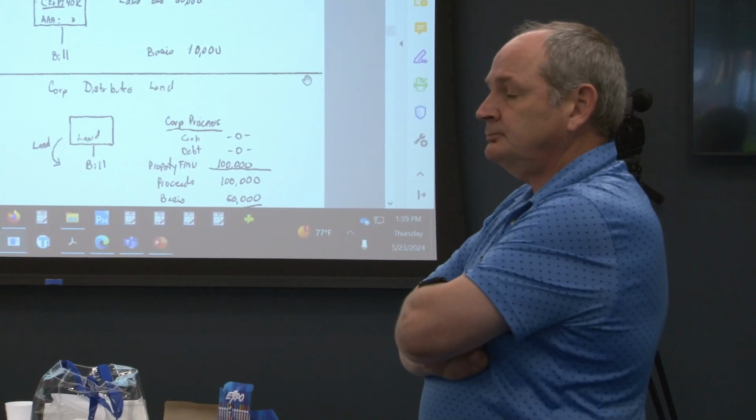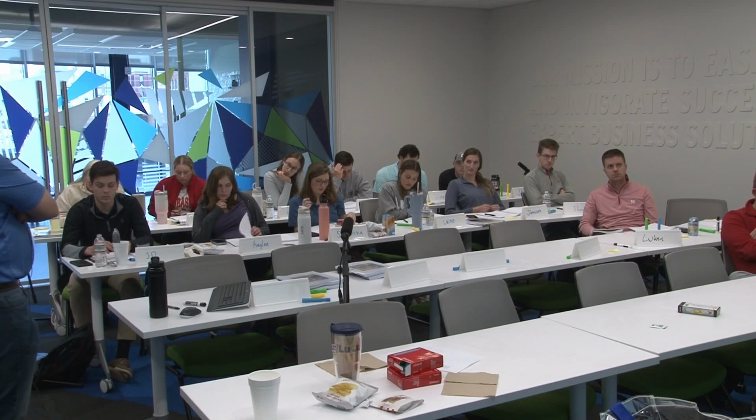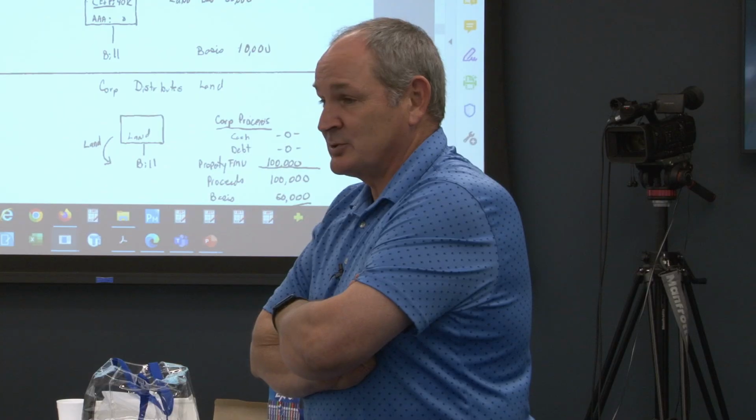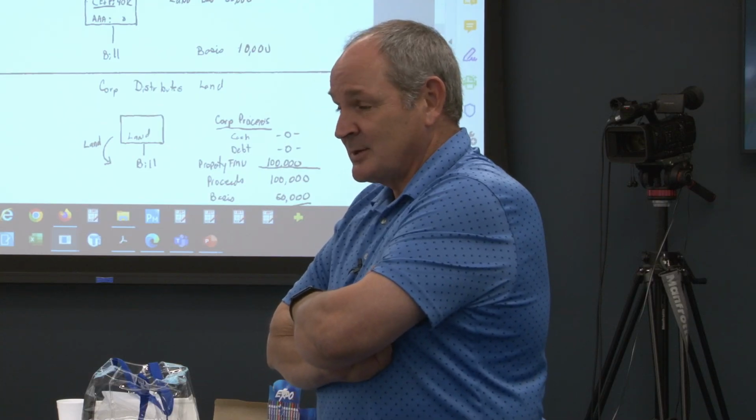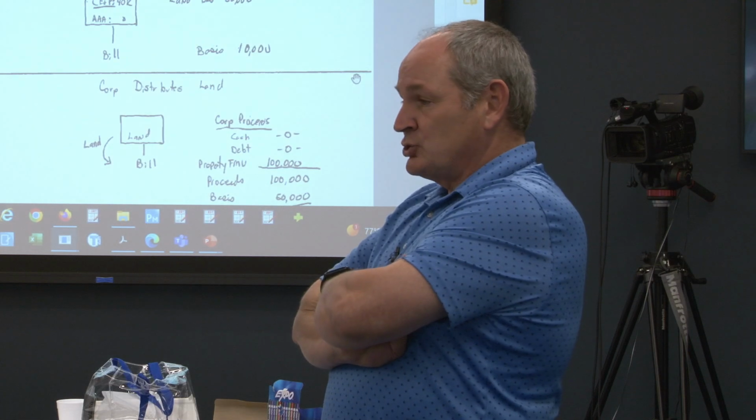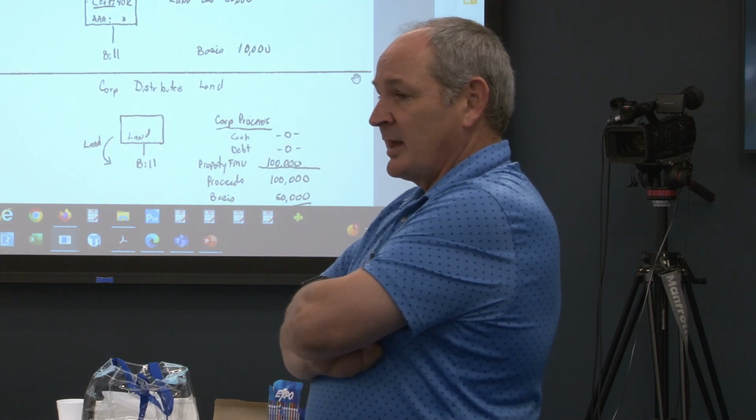So how much of the 50 that's distributed is a return of basis or a distribution in excess? It's all return of basis because the facts didn't change, did they? The only thing that changed is we distributed ground. That's the only thing that's changed, but that mere change is enough to say what is going on.